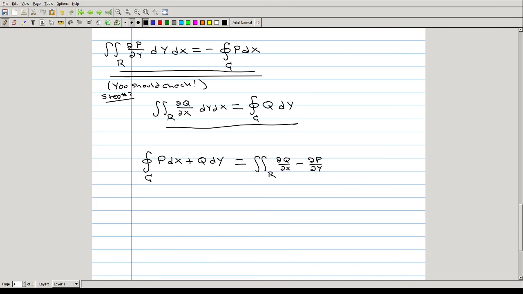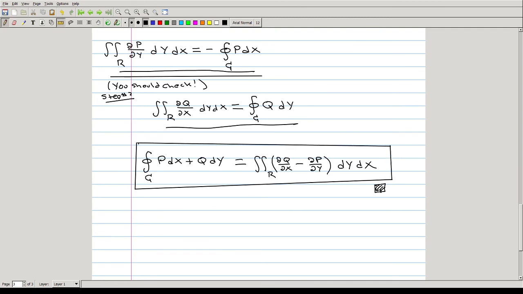Yep, this is dy dx. And this gives us Green's theorem in the plane. This is a super useful result.